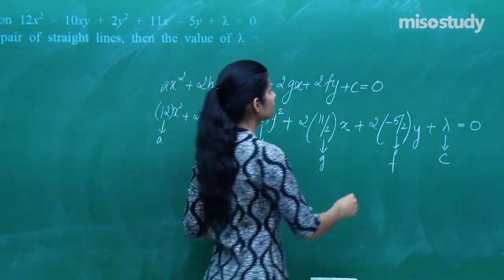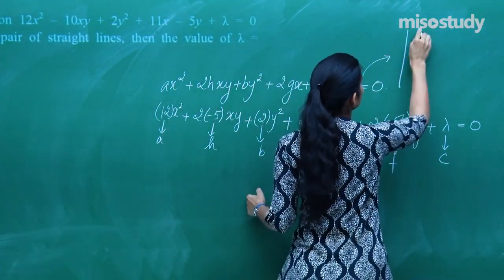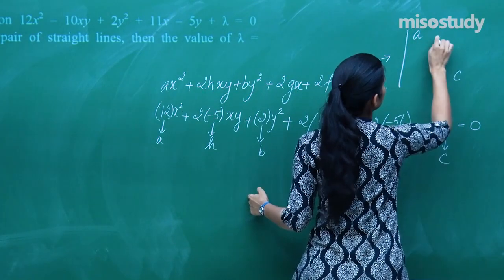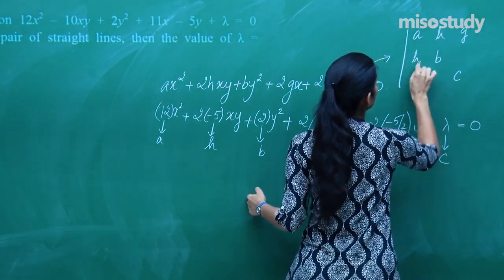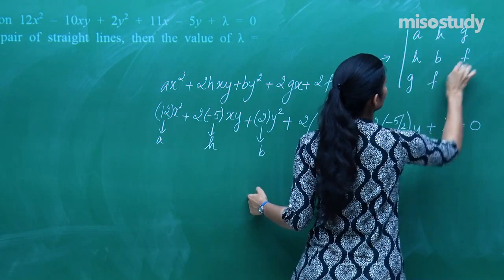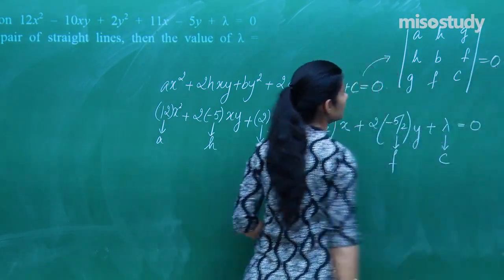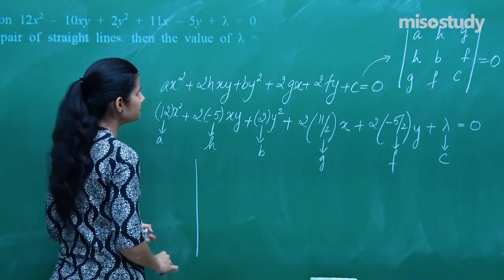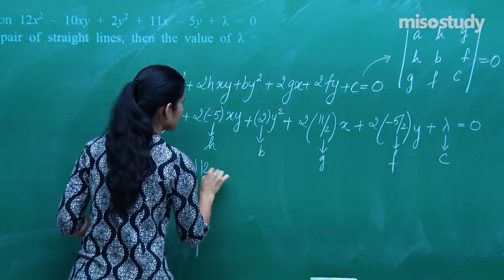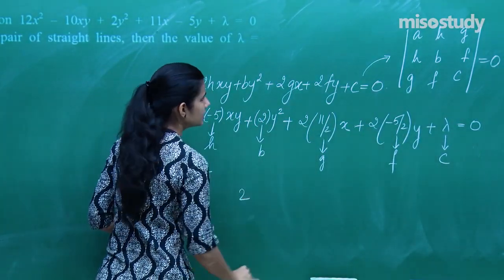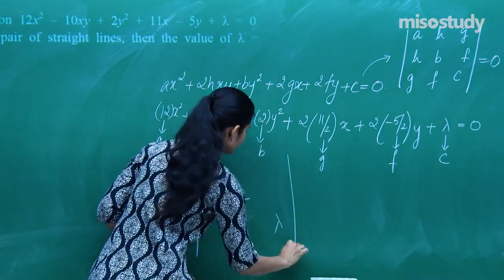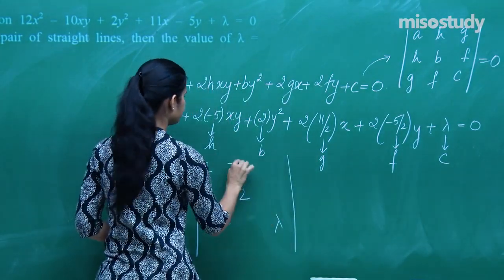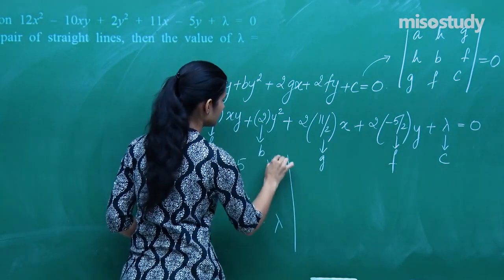This represents a pair of straight lines provided this determinant is 0. So if this is representing a pair of straight lines, what determinant should be 0? A, H, G; H, B, F; G, F, C. G is what?